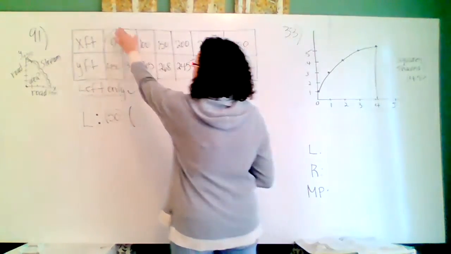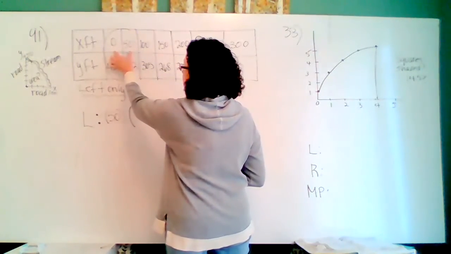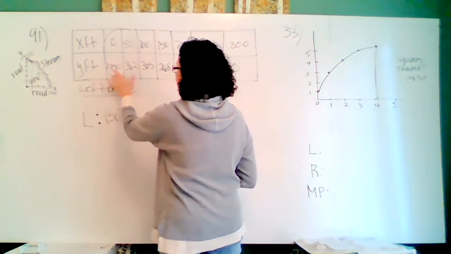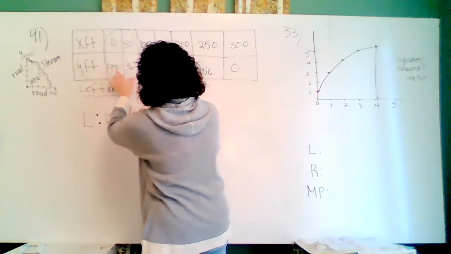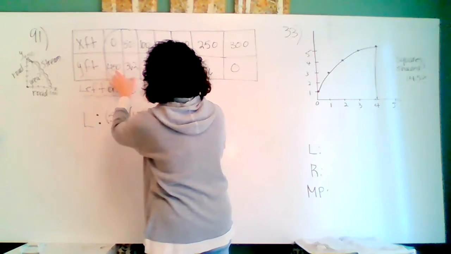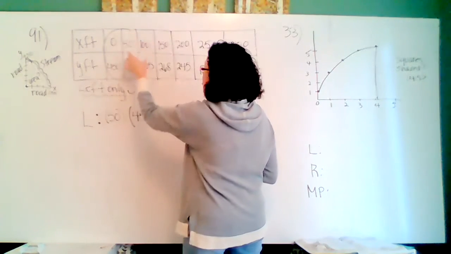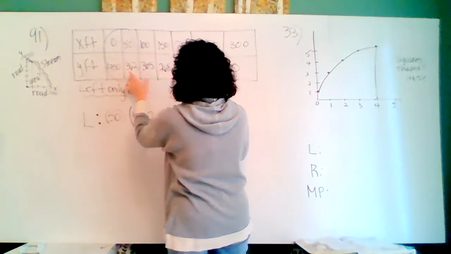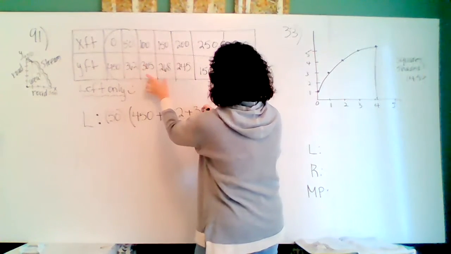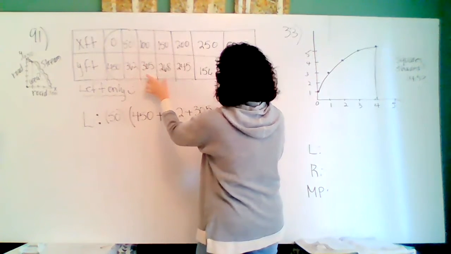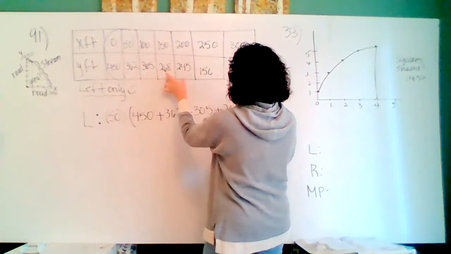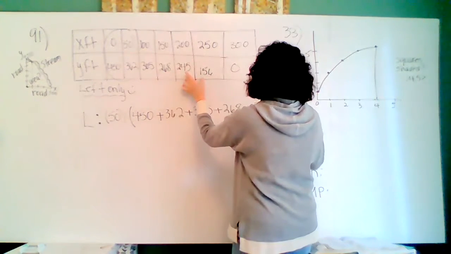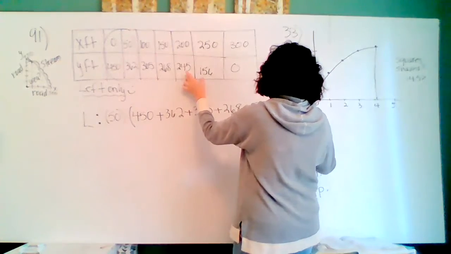So here's my first rectangle with a base of 50. It has a left-hand height of 450, a right-hand height of 362. My instructions are to use the 450. Plus, from 50 to 100, the height on the left is 362, 305, 268, 245, plus 156.